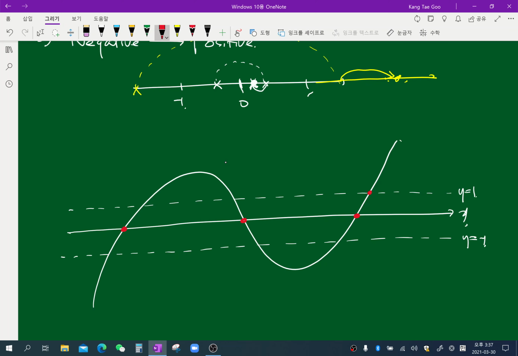And y is 1. Those values are invariant points. And then once the value was minus 1, it goes up to be positive one.